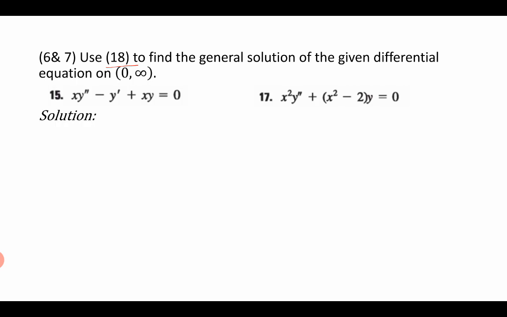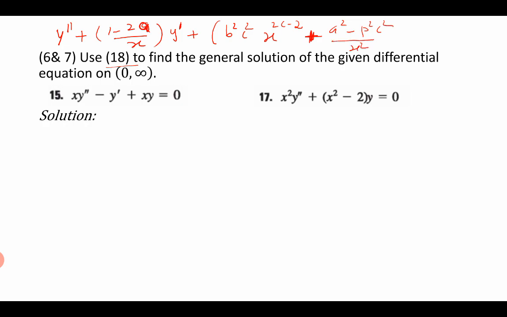Here is equation number 18: y double prime plus (1 minus 2a) over x times y prime, plus a constant which is b squared c squared x power 2c minus 2 plus (a squared minus p squared c squared) divided by x squared times y is equal to 0. This is equation number 18 in this PowerPoint, you can check.